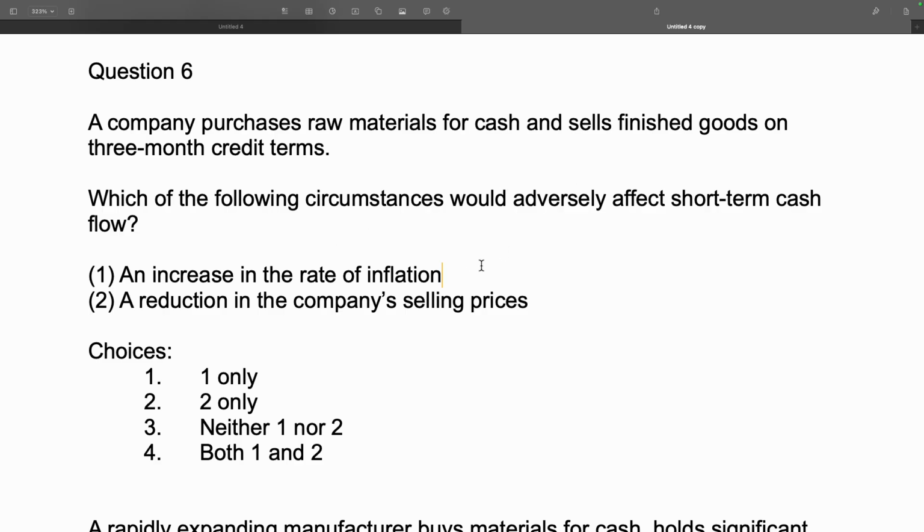If inflation goes up, you have to pay more for things you buy. If you reduce your selling price, you get less money. Both of these will cause a problem. So the answer is both 1 and 2. Got it? Both 1 and 2.